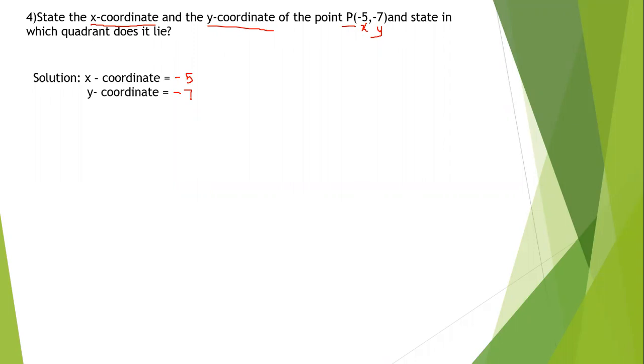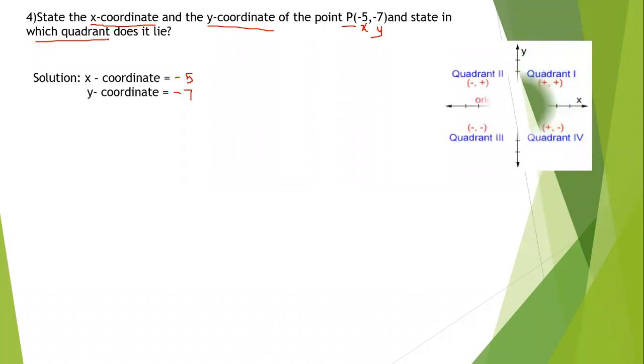Now, is this sum over? No. We need to find where this point P lies, means in which quadrant does it lie. So for this, let us quickly revise the concept of quadrant. Here you can see the x-axis and the y-axis. And the point at which both the axes meet is called origin.